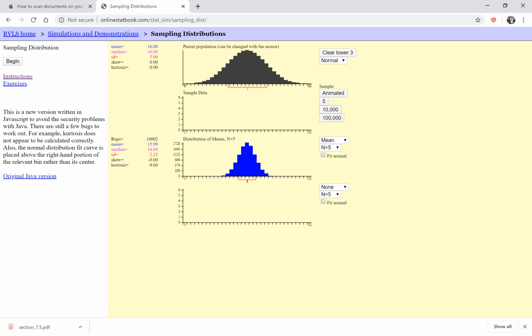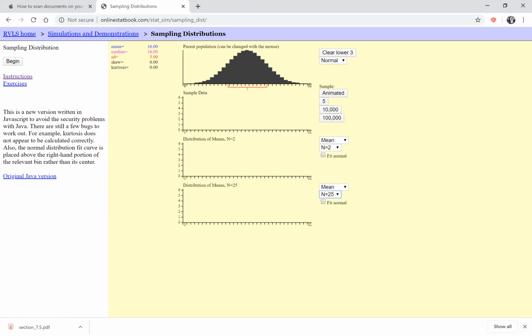What happened? Well, you see that this distribution has the same mean again, but the standard deviation is even smaller. See, we can compare drawing samples of size 2 to samples of size 5, and we can do 10,000 samples, and we see that for the sample of size 5, that normal distribution is more concentrated.